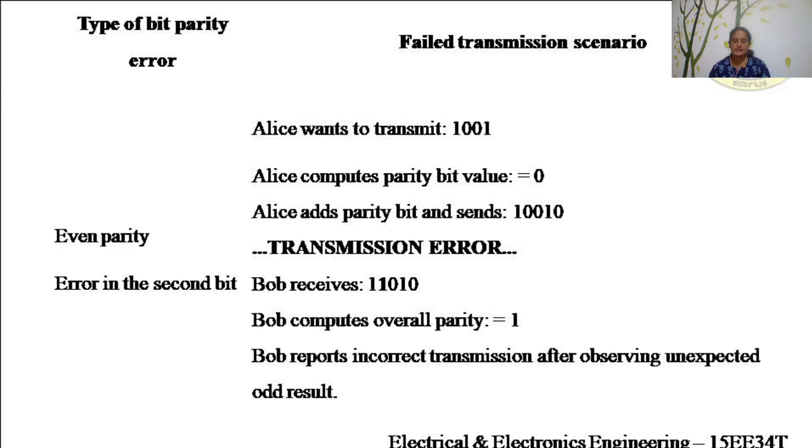At the receiving end, when Bob receives this data, 11010, and calculates the parity, it comes out to be 1. Since they have assumed even parity for transmission, Bob reports the received data is not correct.